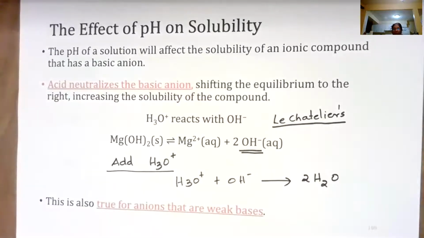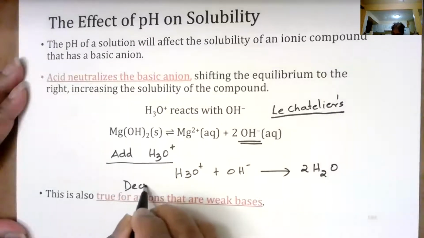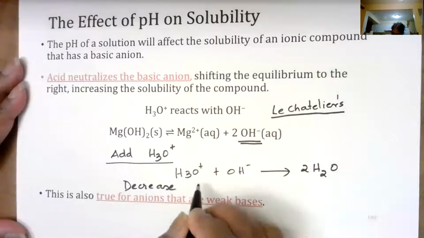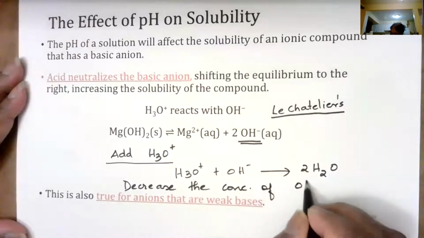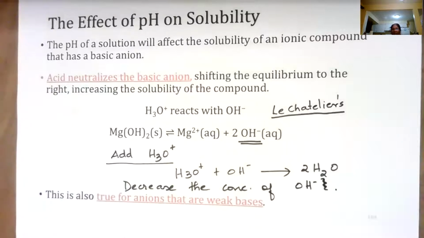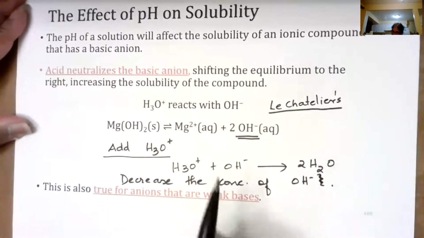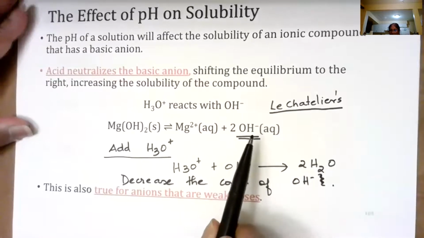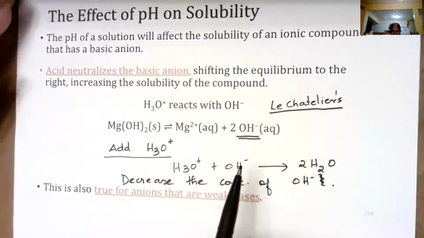So what you are doing indirectly is applying a stress and decreasing the concentration of your product. So what happens to the equilibrium if this concentration decreases? OH- concentration decreases.